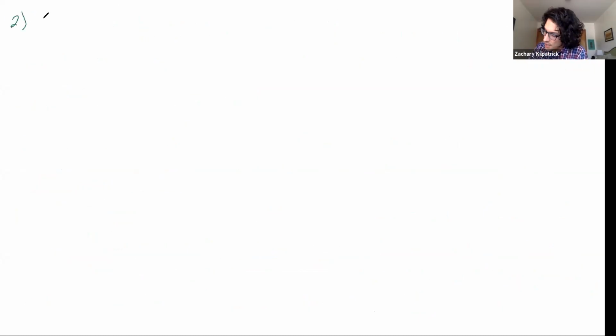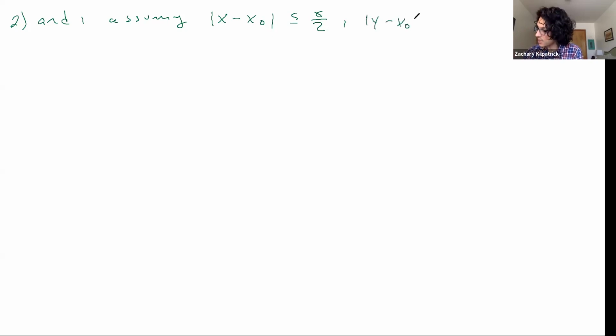So second, assuming that x minus x0 is less than or equal to gamma over 2, and y minus x0 is greater than or equal to gamma, okay, then I can do the following, okay?